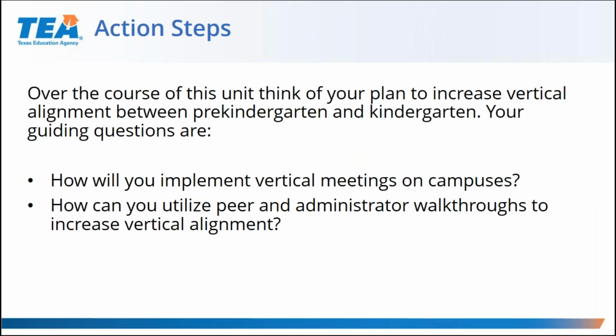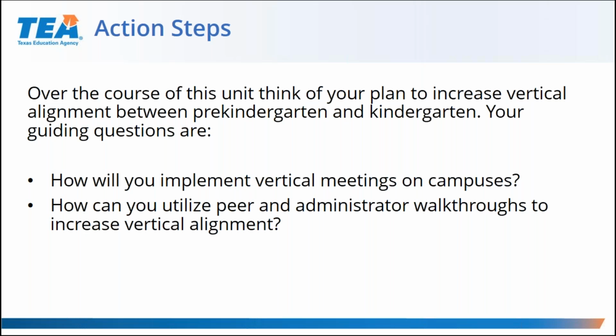Over the course of this unit, I really encourage you to think of your plan to increase vertical alignment between pre-K and kindergarten. Your guiding questions are: how will you implement vertical alignment meetings on campuses? And how can you utilize peer and administrator walkthroughs to increase vertical alignment?